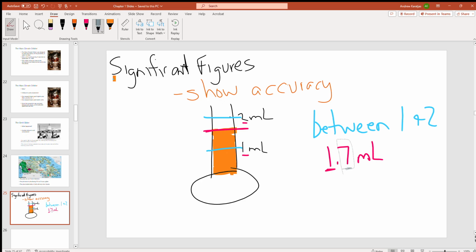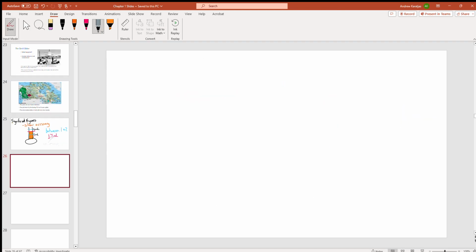And so that last digit is going to show our uncertainty, because someone else might look at this and say, I think that's closer to 1.6 milliliters. Again, we're not sure of that final digit, and that's how we'll make our interpretation. Now, which digit we're going to estimate all depends on how accurate the device is.